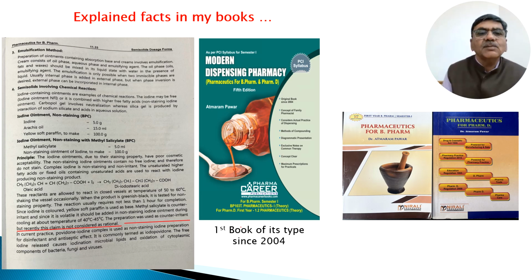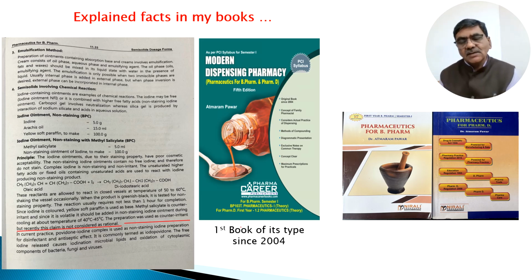For example, Modern Dispensing Pharmacy, the first of its type of book, I published in 2004, and that mentions that this iodine formula, the preparation, was used as a counter irritant, but recently this claim is not rational.